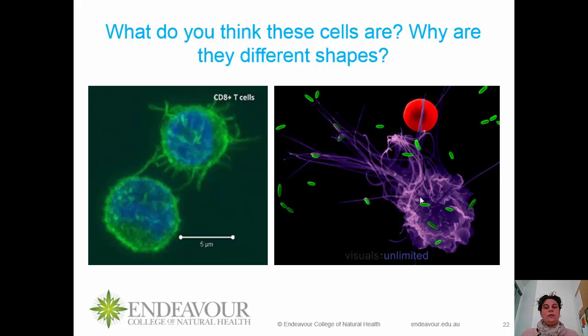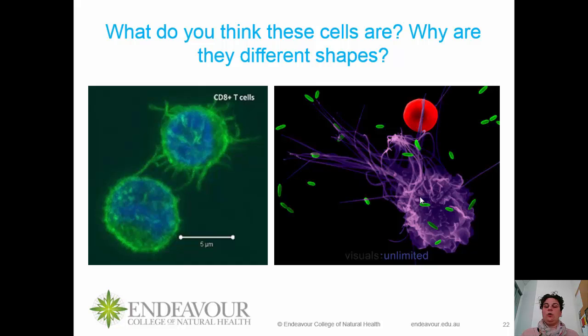Okay, so this is the end of this part of the session, where I really just wanted you to start thinking about cells in different shapes and sizes, and why they are different shapes and sizes. What is it about them that they have to be different?